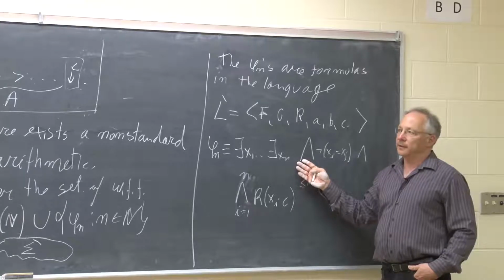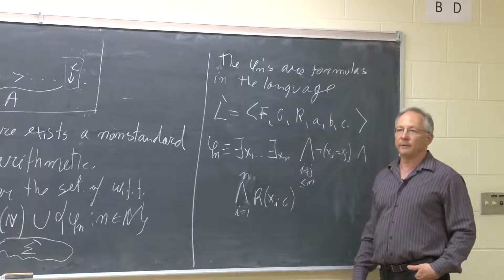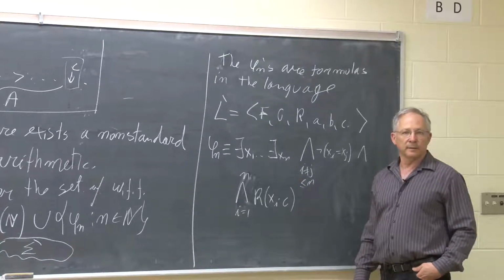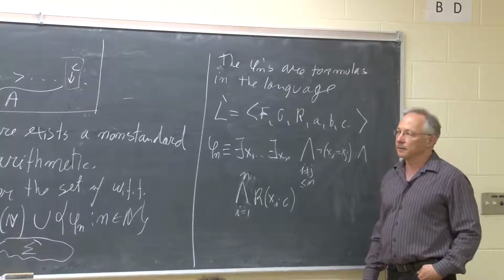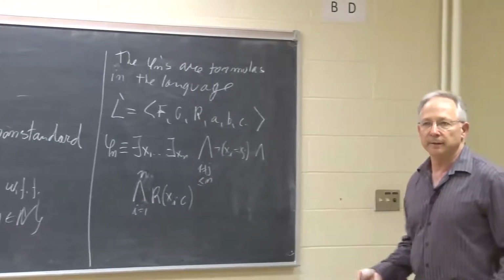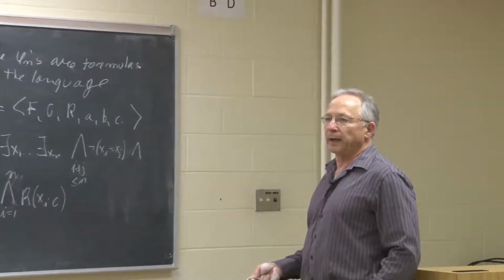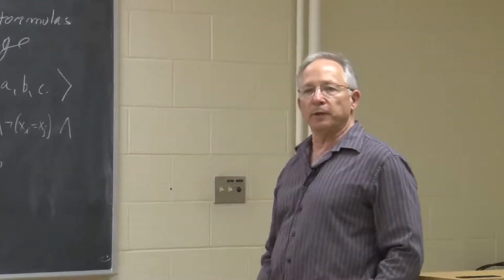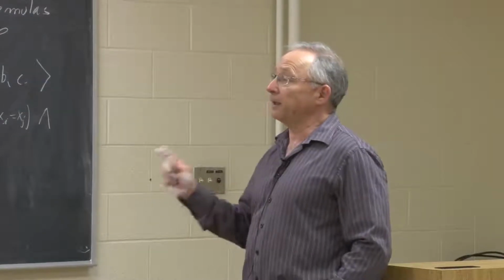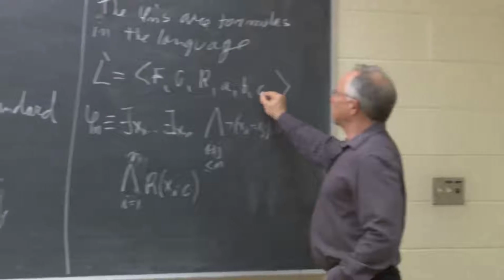Because I picked this number to be far enough to overcome all the finite requirements that are in sigma prime. So this is a very typical use of compactness. I can satisfy every finite requirement. Therefore, by compactness, I know that there should be an interpretation for the full set. The interpretation for the full set will have my interpretation of C being a non-standard element.